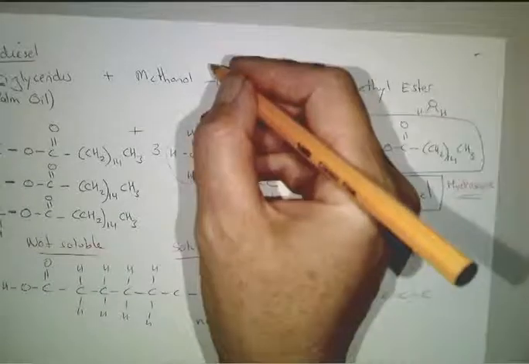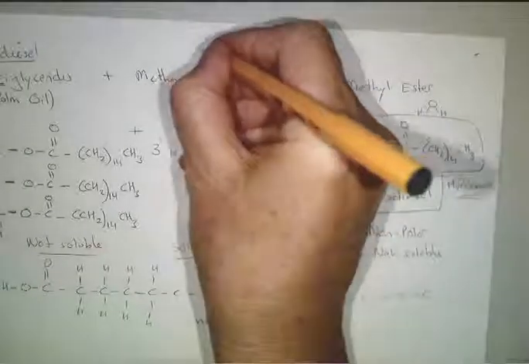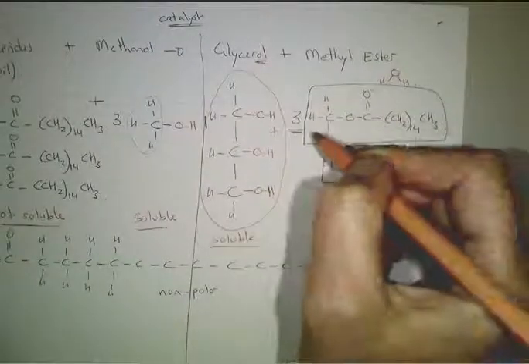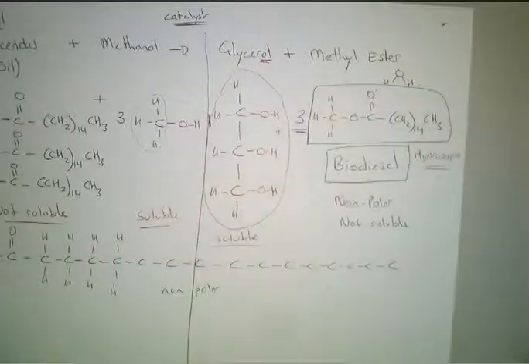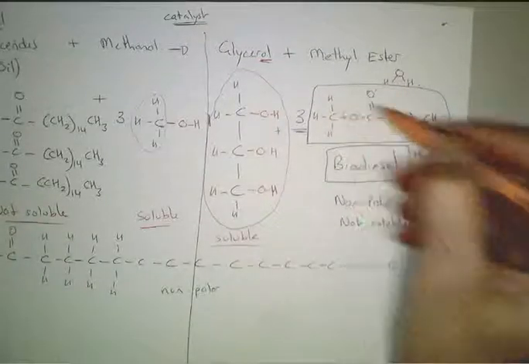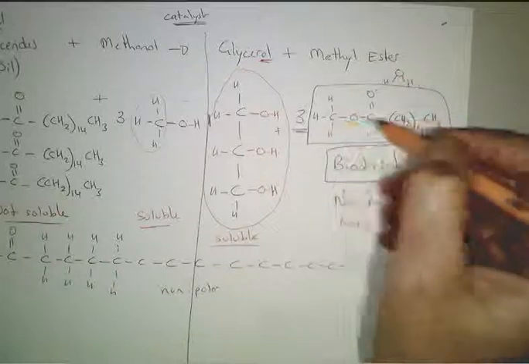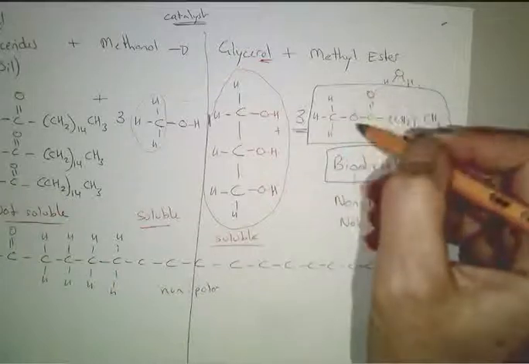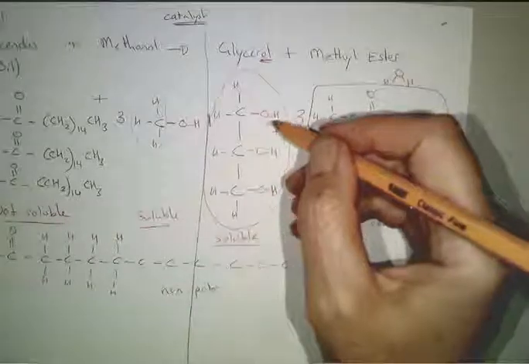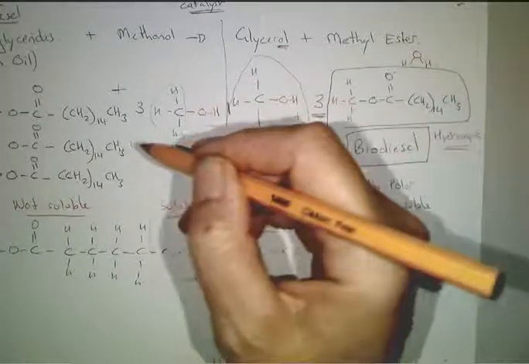In order for this reaction to be sped up, we need a catalyst. You might remember last year when we formed esters, if this was a carboxylic acid, a carboxyl group, and we were reacting it with an alcohol to make an ester bond, you would have to have acid, sulfuric acid, as your catalyst.